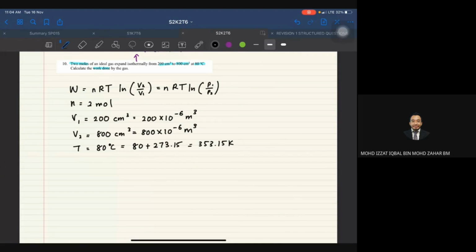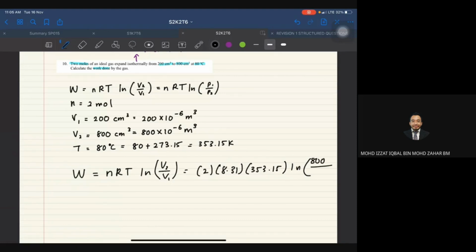So you have all the information, just have to substitute inside the formula lah. Work equals to nRT ln V2 over V1. We use this formula. n is equals to 2, R equals to 8.31. Your T must be in SI unit, Kelvin, mesti wajib. And then you have ln V2 over V1. Nampak tak?